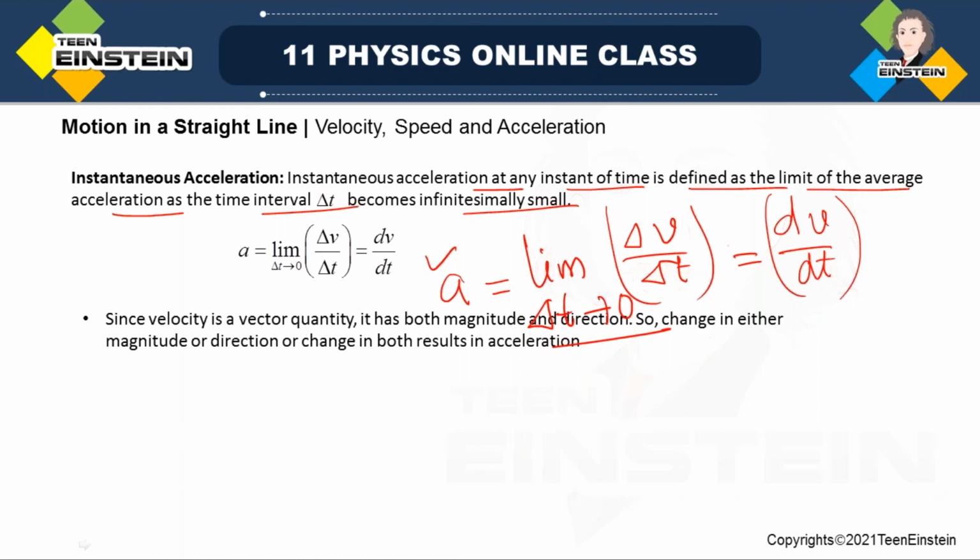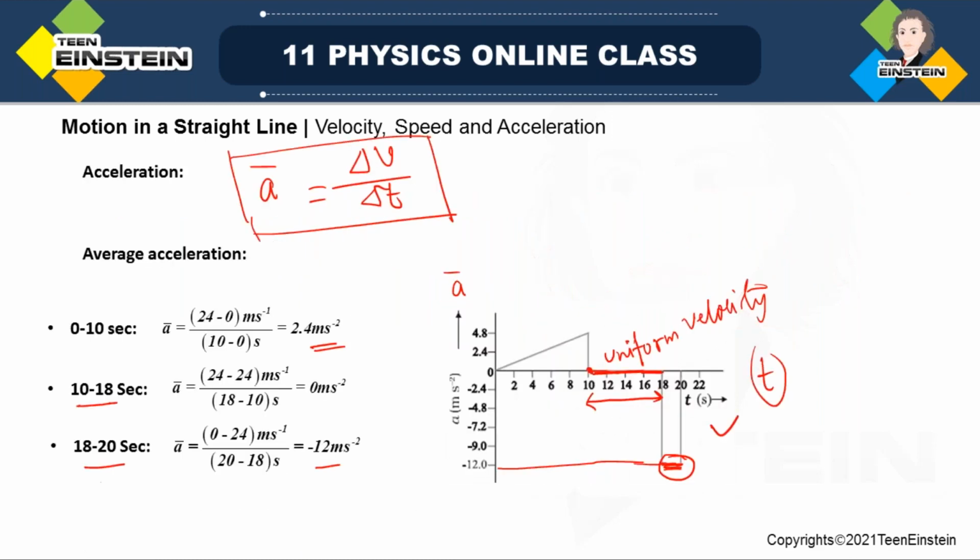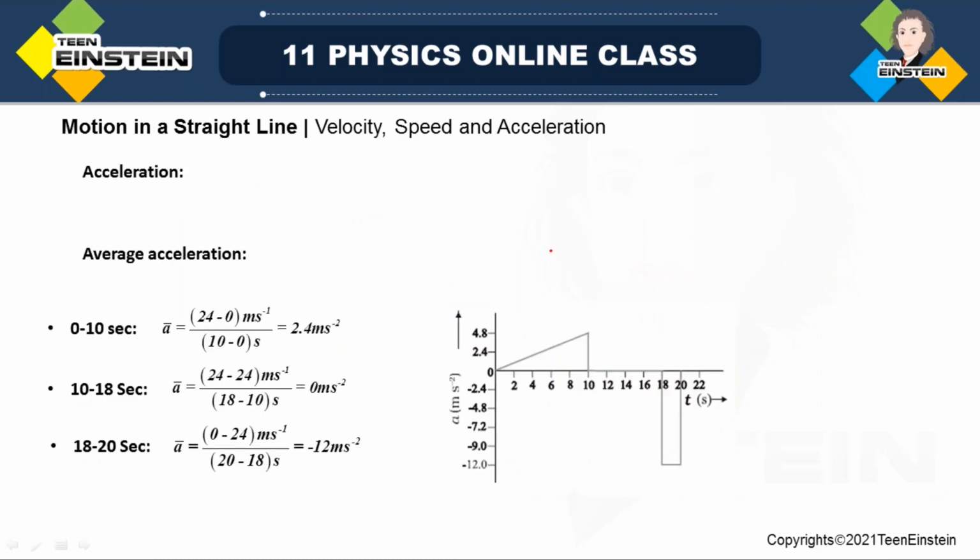Okay, now we'll see a few points about instantaneous acceleration or acceleration itself. Before that, I'll just go to the previous slide and show you how we define instantaneous acceleration in the acceleration versus time curve.